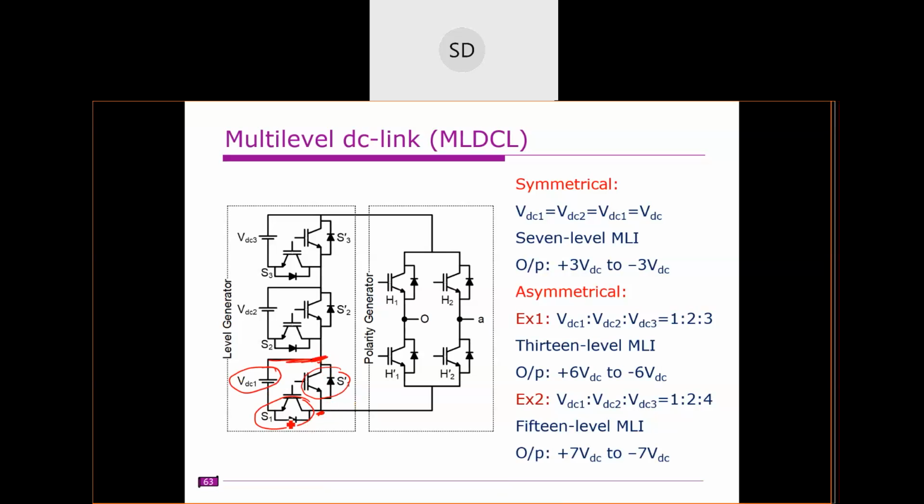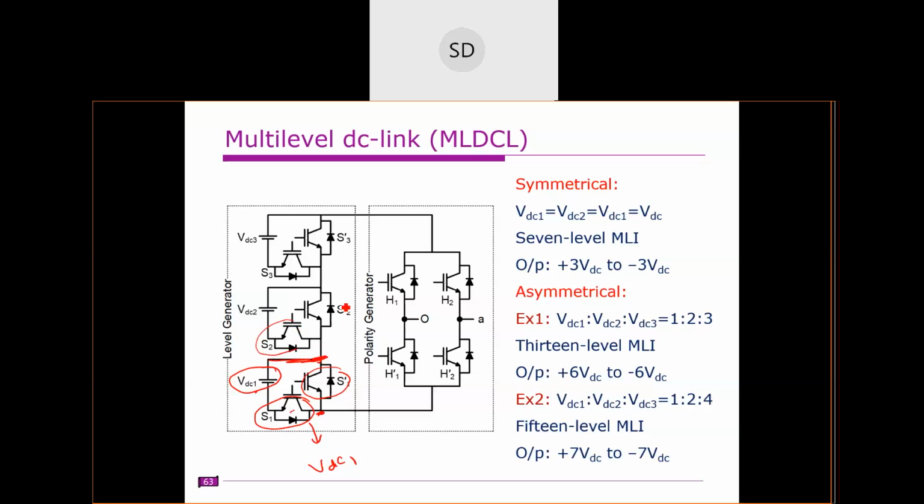So we have two options. When S1 is conducting, the voltage across this S1 dash is VDC1. Similarly, when S1 dash is conducting, the voltage across this S1 is VDC1. So that means these switches must be rated for VDC1.